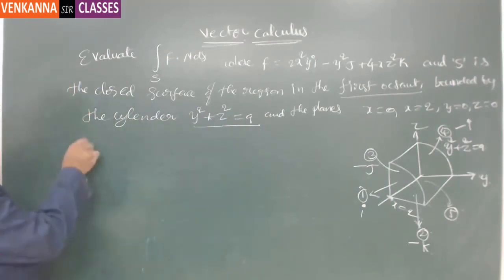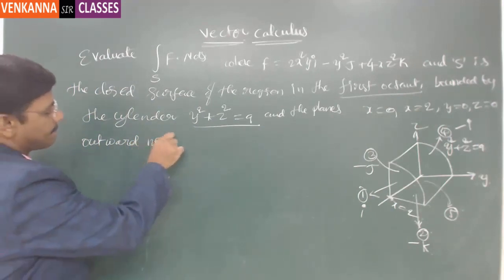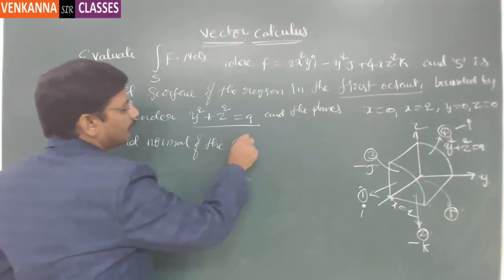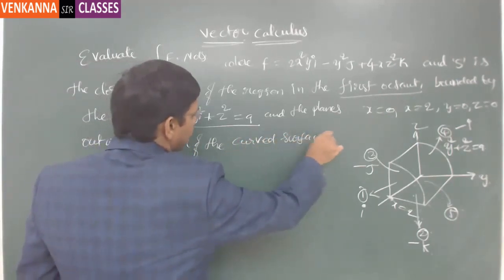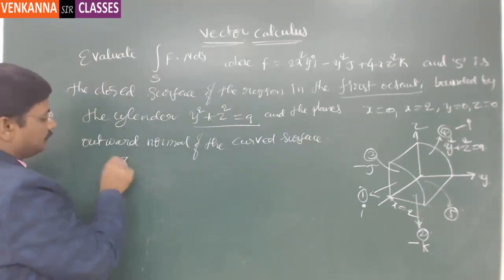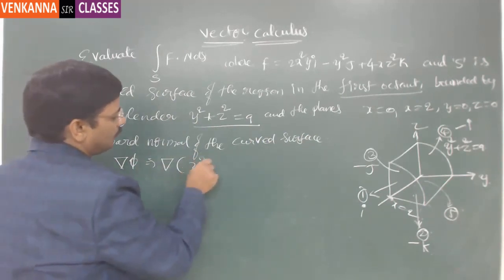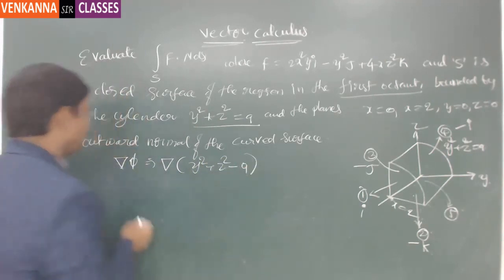So the outward normal of the curved surface: you can take del phi equal to del of y square plus z square minus 9. This is how you apply it.